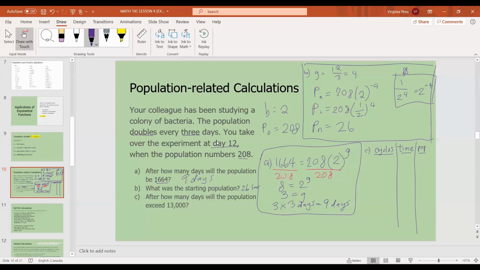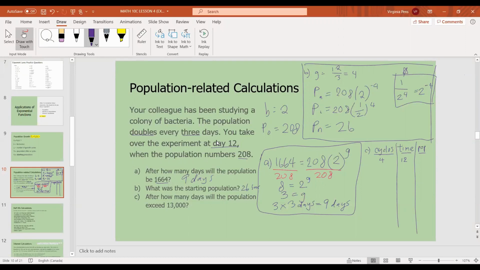Let's start at the first cycle, which we will remember from last time. Oh no, this is going to take a while, so let's just start at day 12, which is which cycle? 12 divided by 3 is 4. So at cycle 4, it's been how many days? 12 days, right?